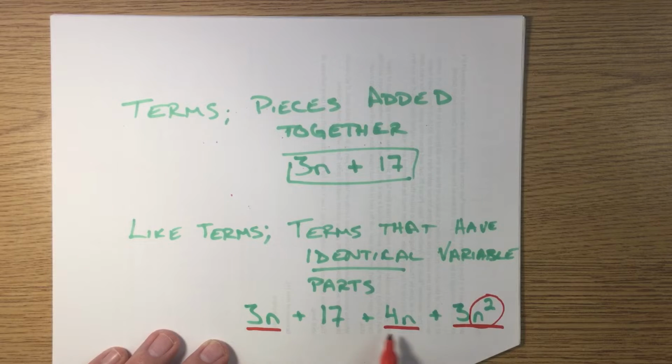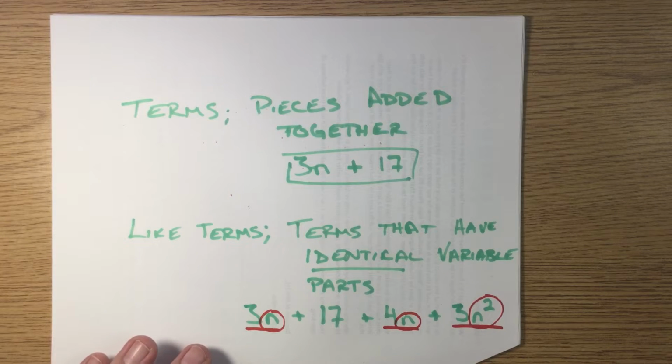However, with the 3n and the 4n, the variable piece is just n. The variable part is identical. The n squared is not identical because it's being raised to the second power. So that's what terms and like terms are.